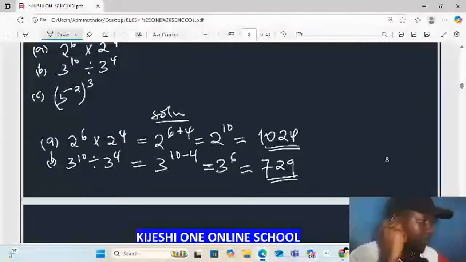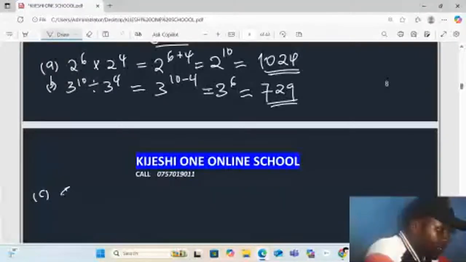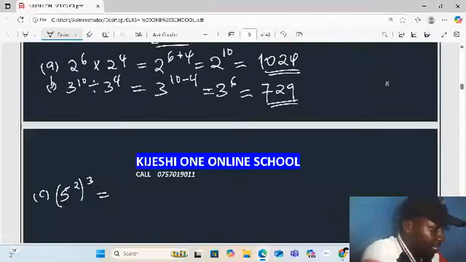Then we have our C, 5 raised to 2 in brackets raised to 3. Now applying our third law, we can say 5 raised to 2 times 3. We multiply the powers, therefore we have 5 power 6.